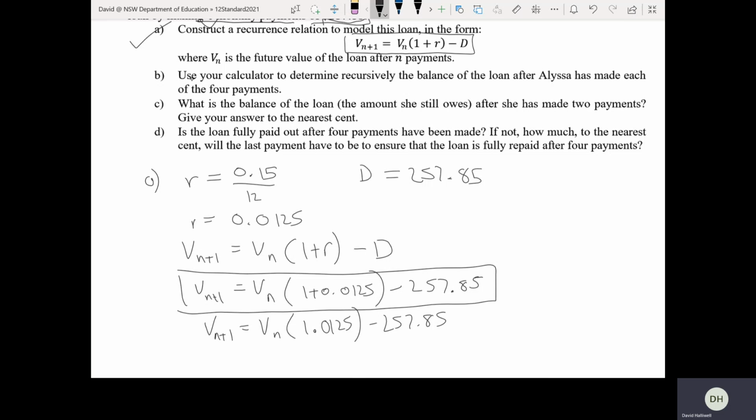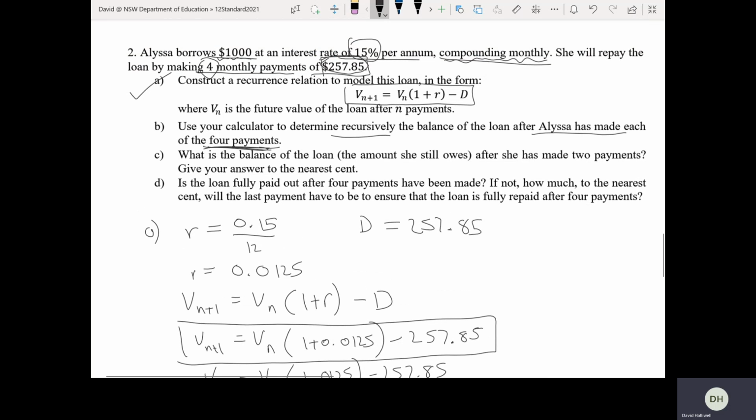B, use your calculator to determine recursively, remember recursively means one step at a time, the balance of the loan after Alyssa has made each of the 4 payments. Okay, so this is where we're going to start to use some of these facts that we haven't used yet. So, first question is, what's V0?